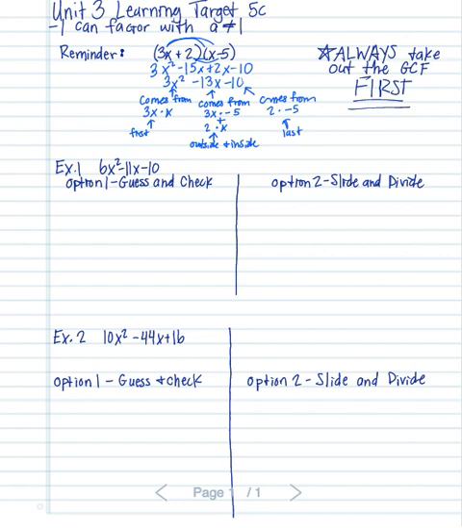Basically what you do is you look at the first term, 6x squared, and you guess two things that multiply to get 6x squared. So I would guess maybe 2x and 3x. Just what I'm going to guess.